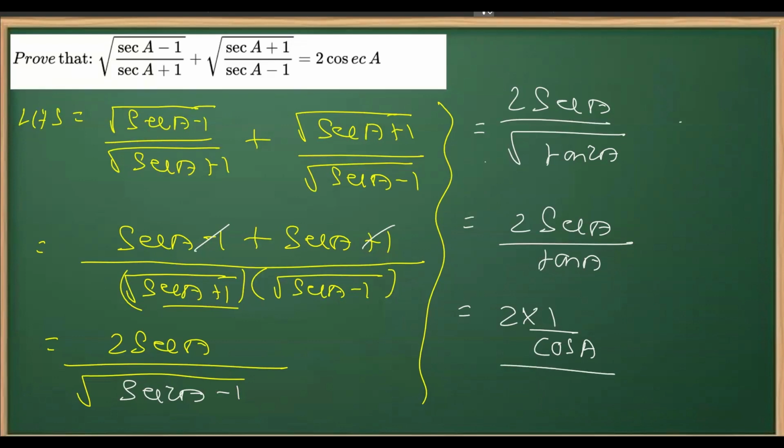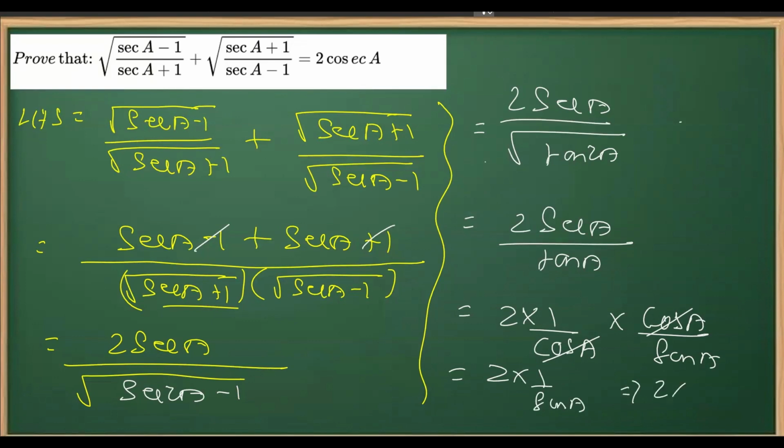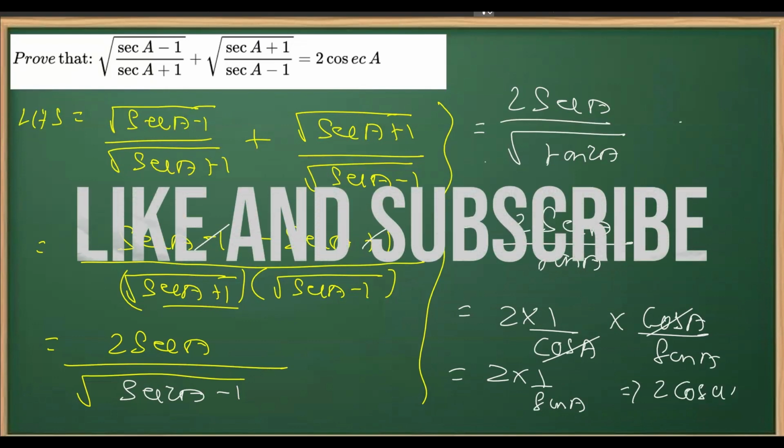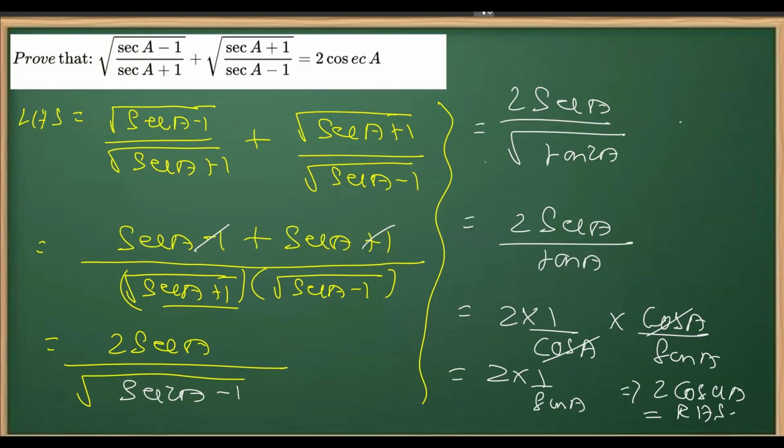Dividing by sine by cos is the same as multiplying with its reciprocal, that is cos A by sine A. So this cos and cos get cancelled, and we are left with 2 into 1 by sine A. And 1 by sine is cosec, and that's how we'll get the RHS. I suppose these can be done in the same manner, so the third I can leave, and we'll do other questions in fact.